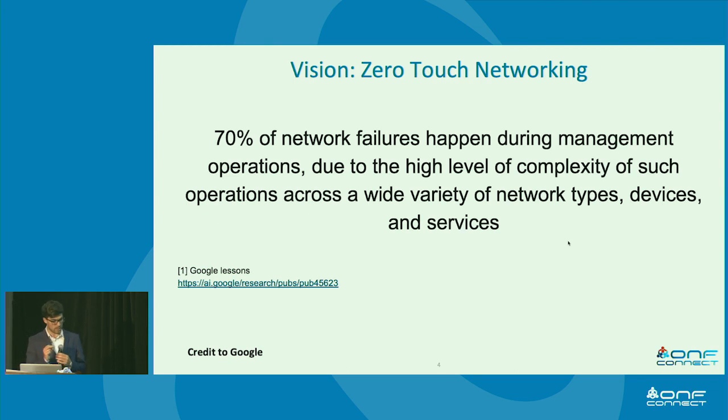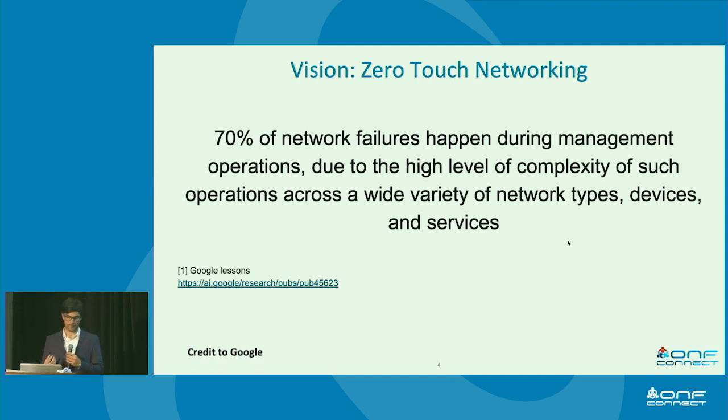Another thing that clearly caught our attention was that we need to do zero-touch networking because 70% of failures of the network, and this is real, from a paper published by Google, happen during management operation. And why is that? Because management operations have a high level of complexity, span multiple devices with different network types, different service types, and different device types.